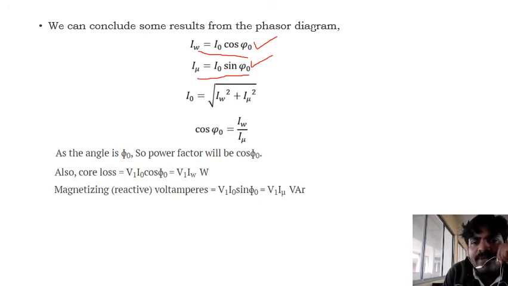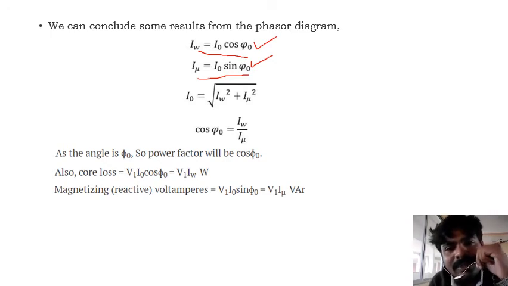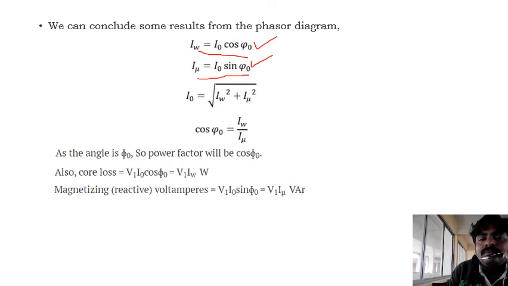Then again you can define cos phi naught, which is equal to IW divided by I mu. Why have I written I mu here? Because I naught is equal to the square root of IW square plus I mu square. Actually cos phi naught I can represent as IW divided by I naught.